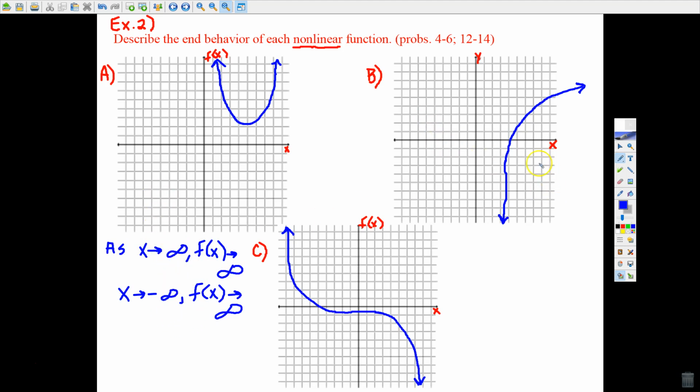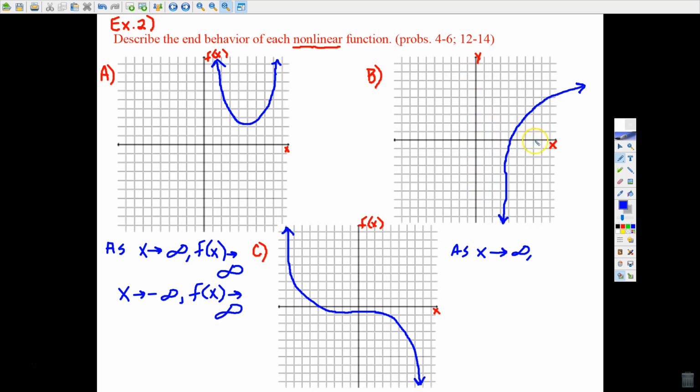Letter B. As we get bigger and bigger values for x, or as x approaches positive infinity, what's happening to the y values? Where's the function going?